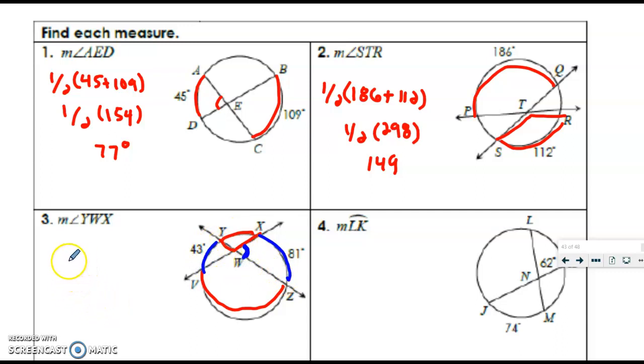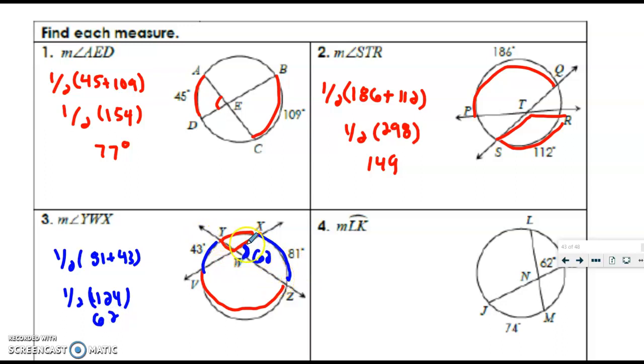So what we're going to do is find out what this angle is. We're going to take half of 81 plus 43, which is 124. So in that case, it's going to be 62 degrees. So I know right now that this angle is 62.